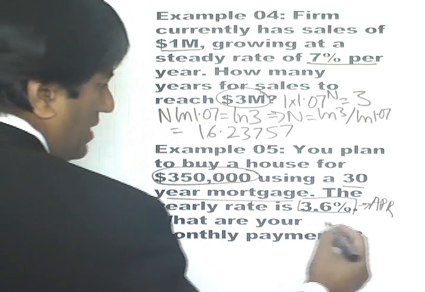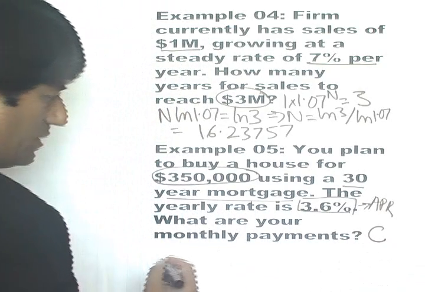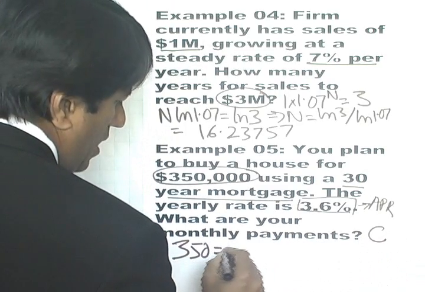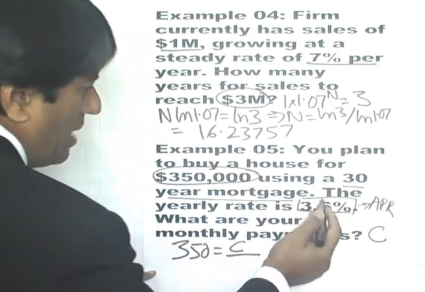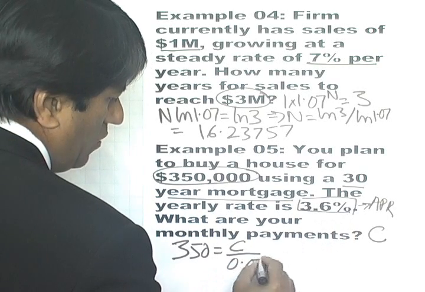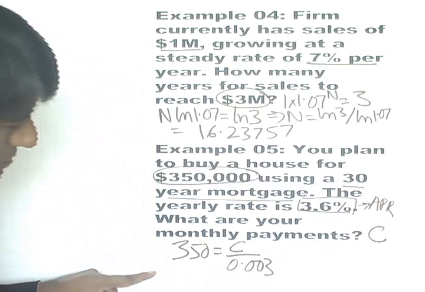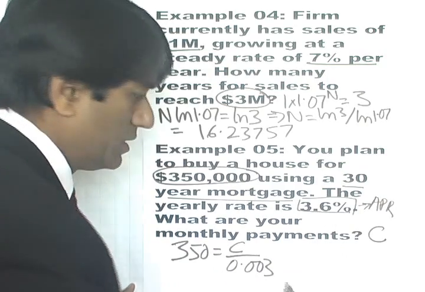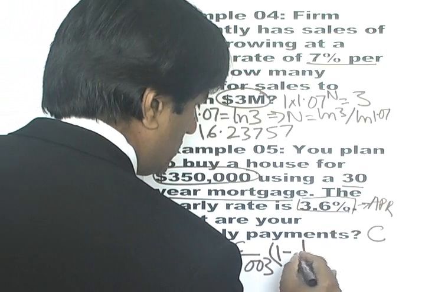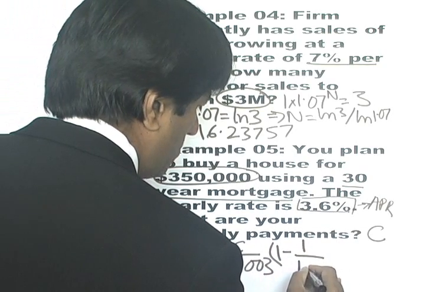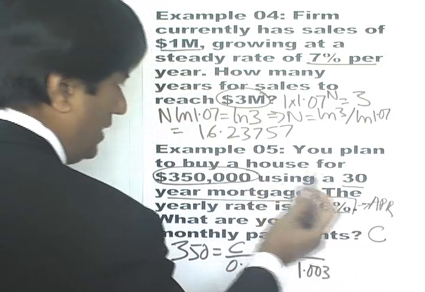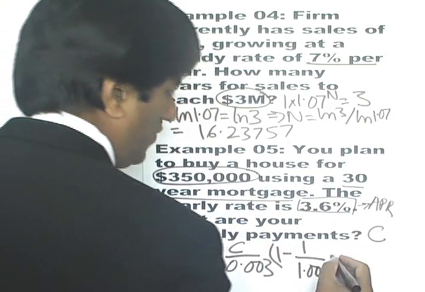So if your monthly payments are, let's say, C, then the formula would be 350,000 equals C divided by the monthly rate of interest, which is 0.003. So that's 0.3%. Into 1 minus 1.003 to the power number of periods, and the number of periods is 360.